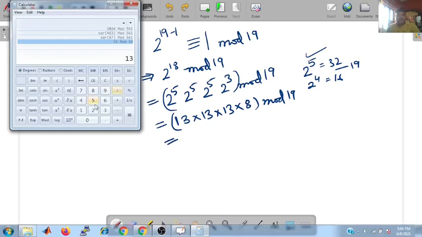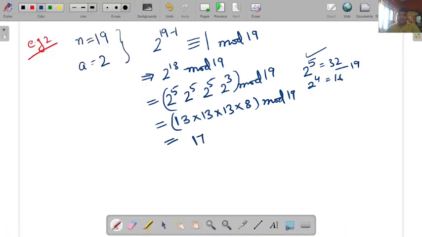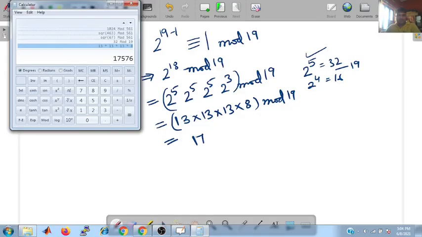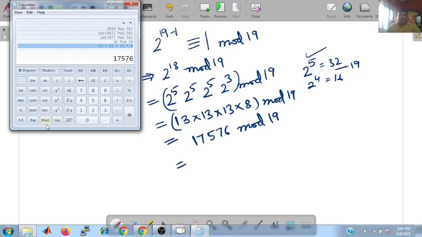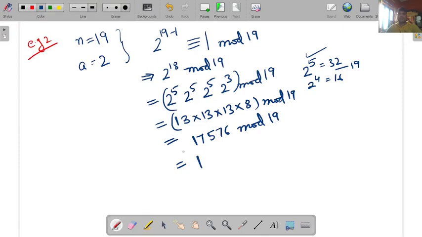This is 17576, and 17576 mod 19 gives 1.